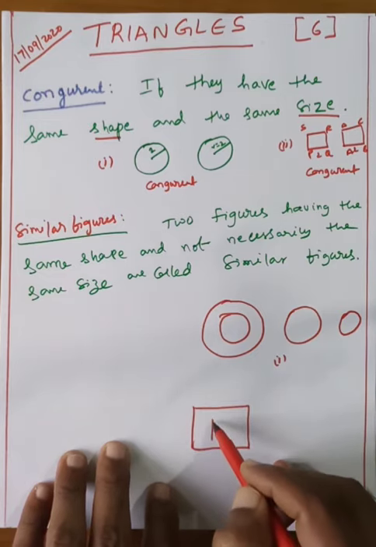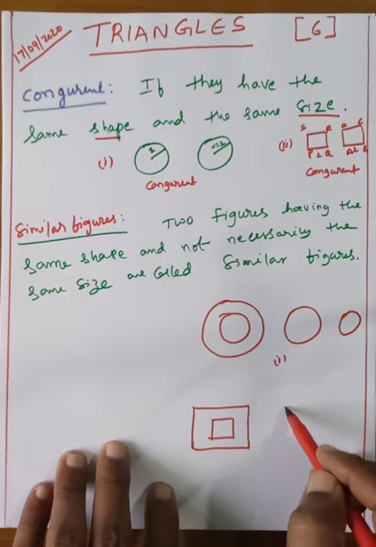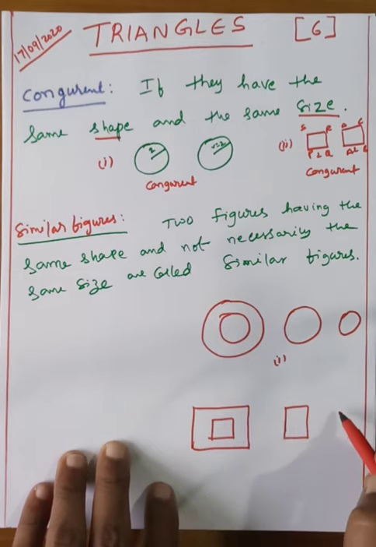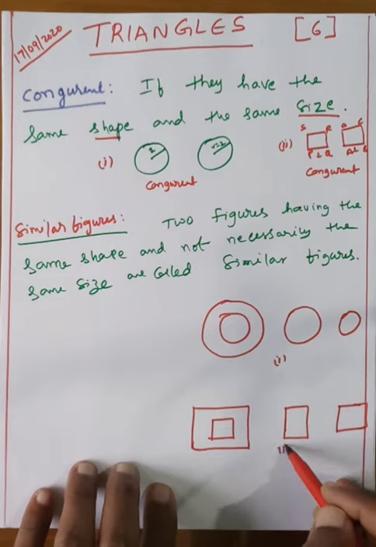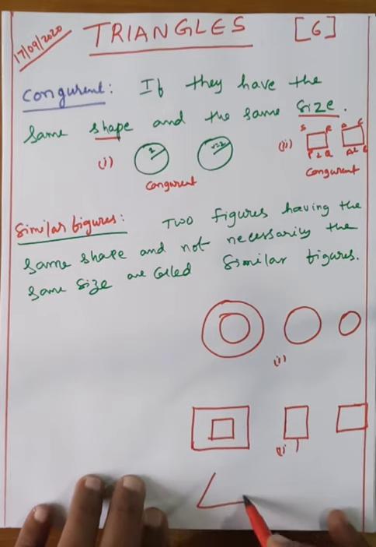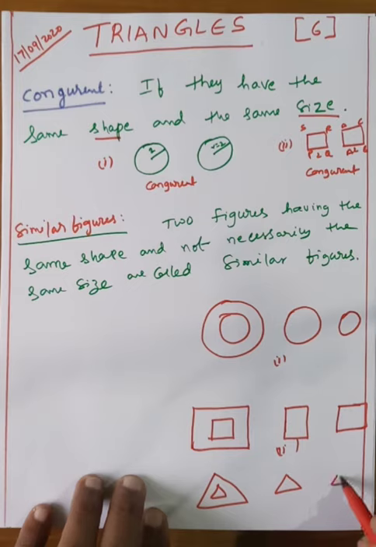This is a square, this is also a square, this is a small square. This is figure 2. This is a triangle, this is a triangle, this is figure 3.